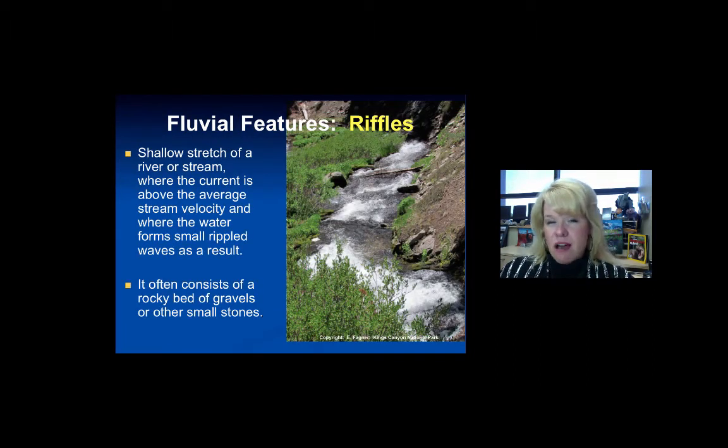Riffles, and that is not a mistake, that is actually a correct pronunciation of that. Riffles are R-I-F-F-L-E-S. These are shallow stretches of stream that are above average in velocity, but lower in average depth. And so what happens is they look like little ripples with P's, but they're actually called riffles.